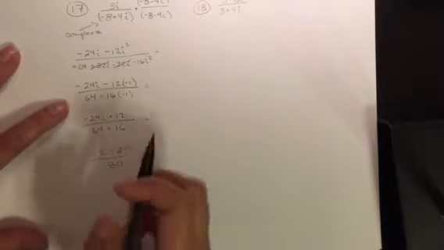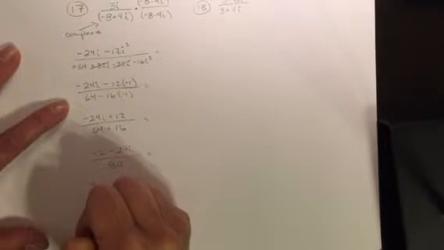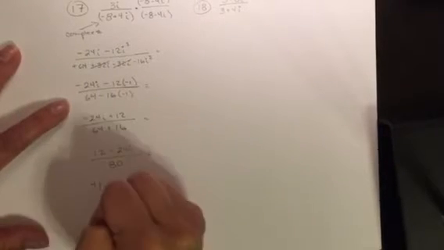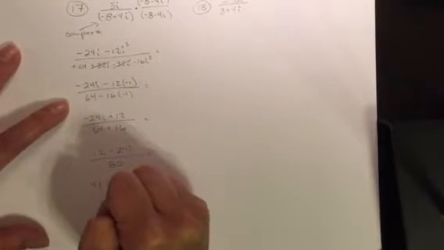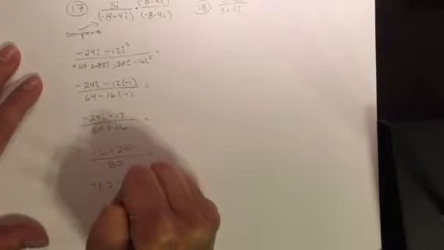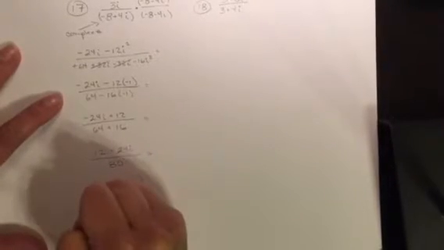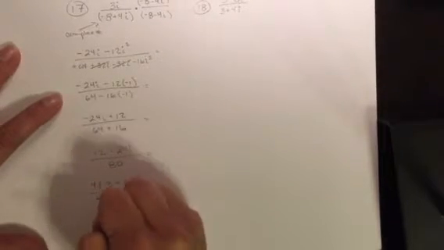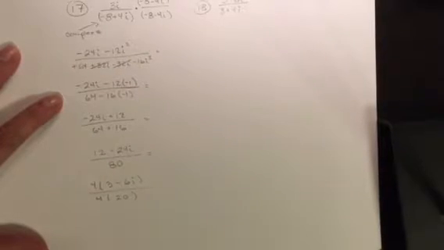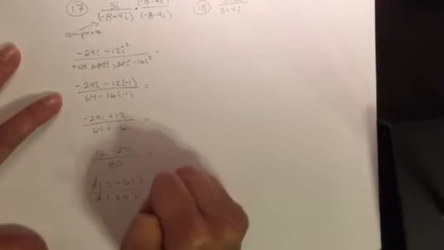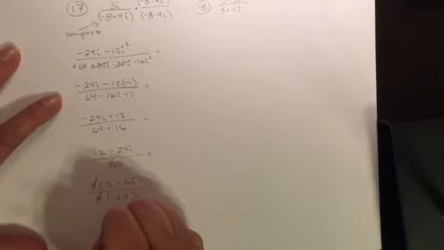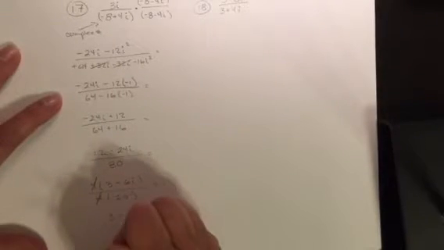So I can reduce by taking 4 out of each of these things. So I'm going to factor out a 4. Here's what we're doing for the second half of the chapter, right? I'm going to factor out a 4. So that leaves 3 minus 6i. Factor out a 4 on the bottom. Okay, those 4's cancel. And so my final answer is 3 minus 6i over 20.